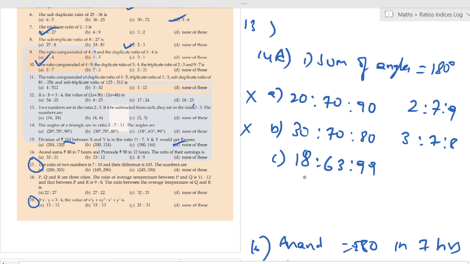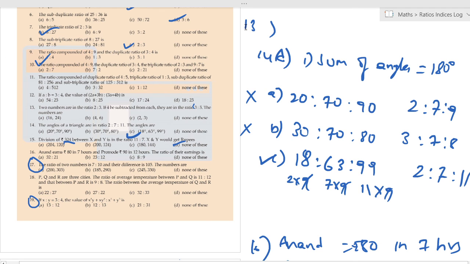Can I say 18 as 2 into 9, 63 as 7 into 9, and 99 as 11 into 9? So everywhere we can cancel 9. The answer will be 2:7:11. Hence option C is correct. Simple.